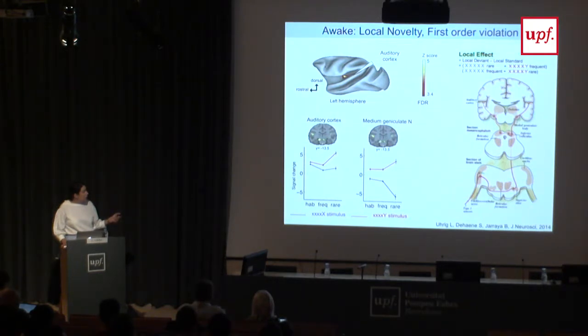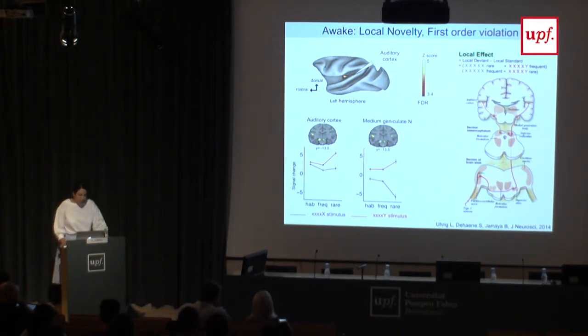The activation is in red and yellow, and it's happening in the auditory cortex, but also in the medial geniculate part of the body. So it's the whole auditory pathway that could perceive this first order violation in the brain.